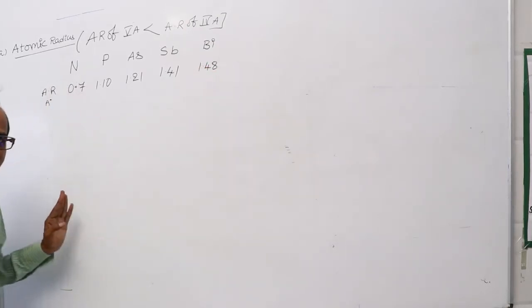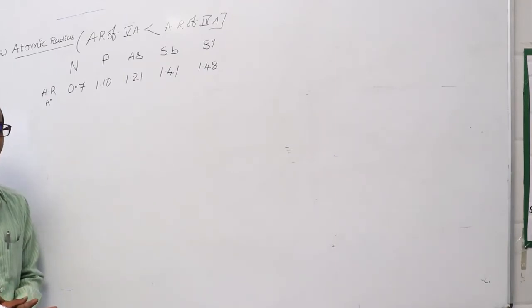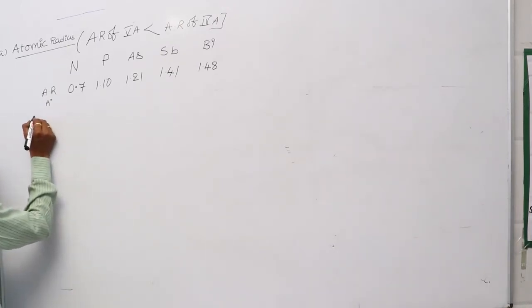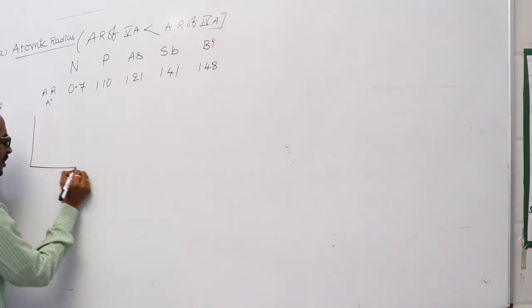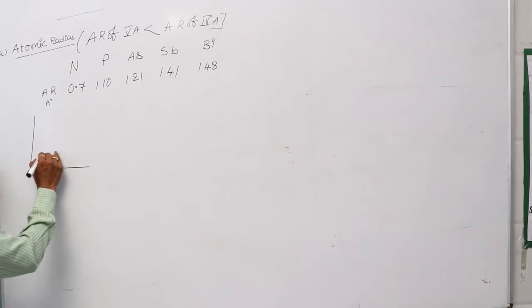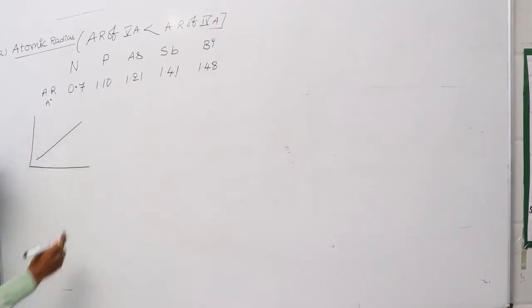So what is the trend in the atomic radius of these 15th group elements? Simply, you can say the atomic radius of the 15th group elements increases from top to bottom. Gradually, the atomic radius increases.